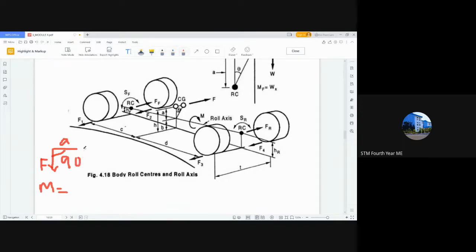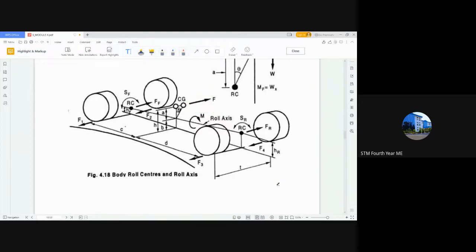So we are looking at the force. First is F. F is in the direction of where the body goes. In a linear motion, the vehicle moves in the sideways direction.